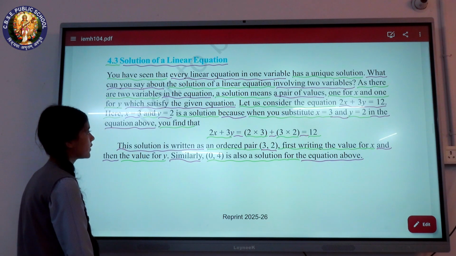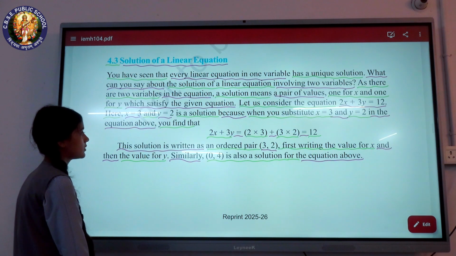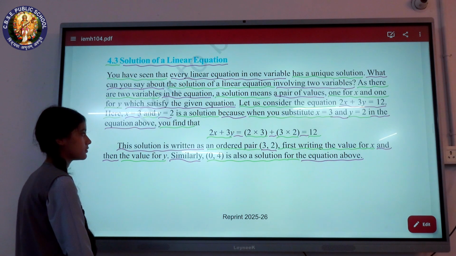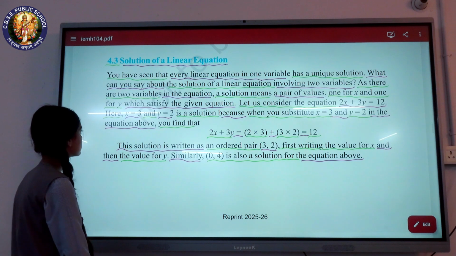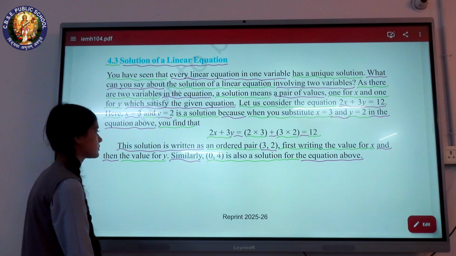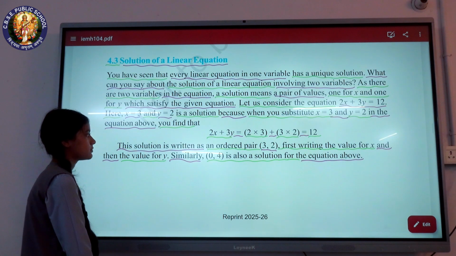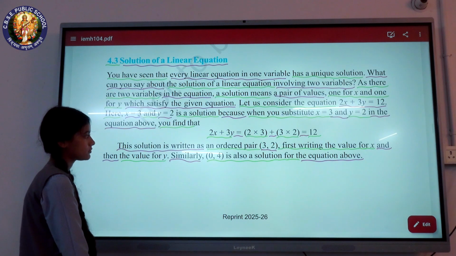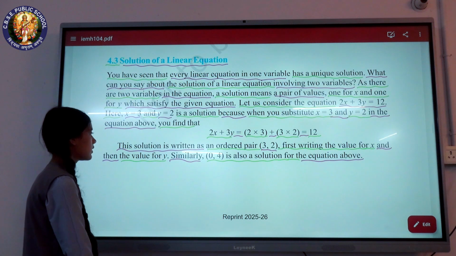Because when you substitute x = 3 and y = 2 in the equation above, you find that 2x + 3y = (2 × 3) + (3 × 2) = 12. This solution is written as an ordered pair.